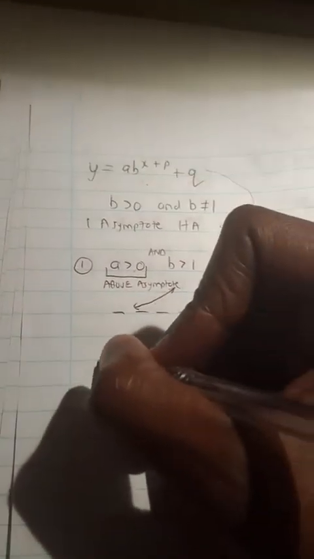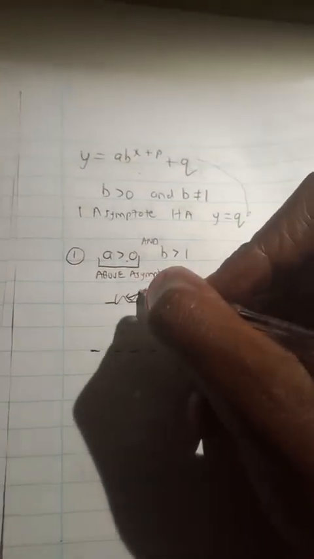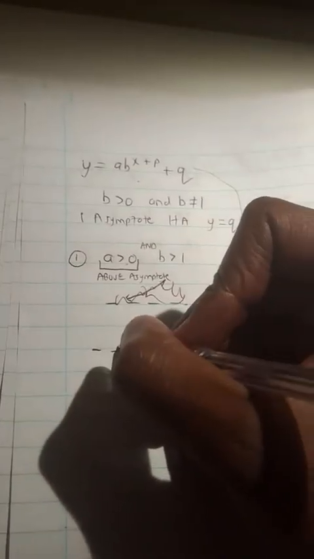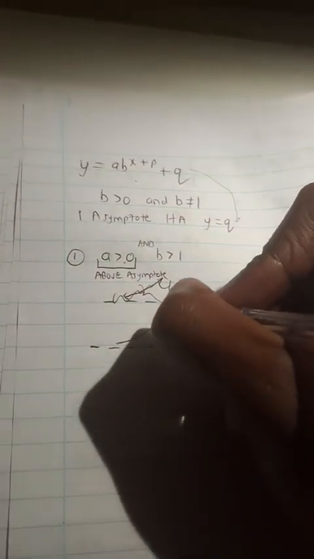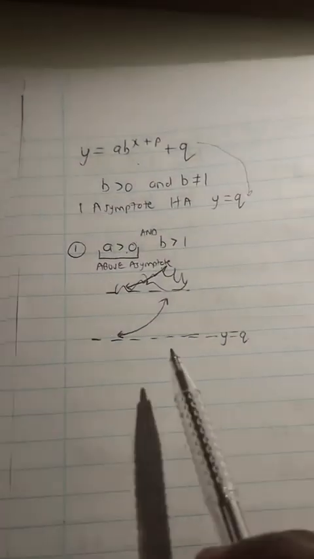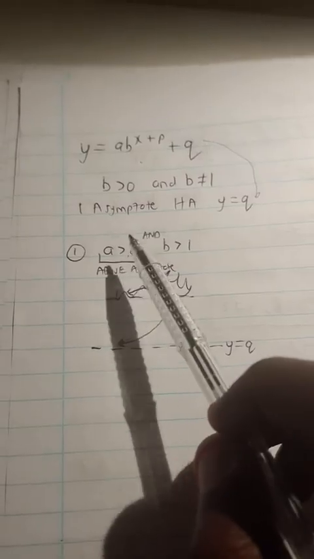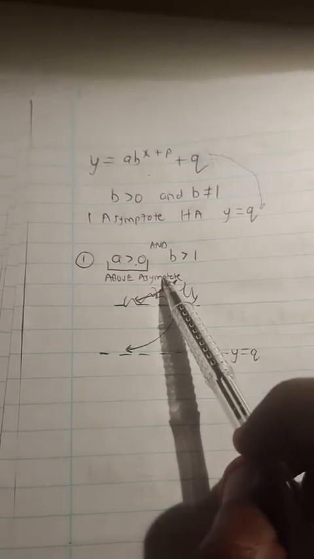I'm just going to redraw this. If that is the asymptote, y equals 2, then this is how we would expect our function to be. A greater than 0 is specifically saying above the asymptote.